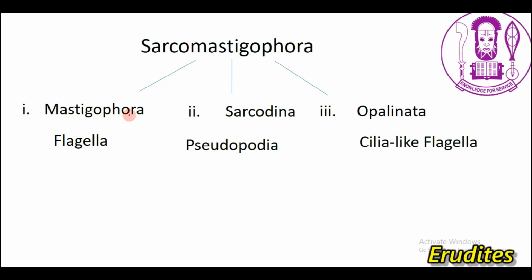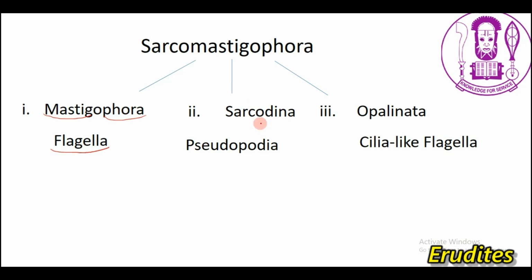We have the subphylum Mastigophora, and these protozoa move with the help of flagella. Remember the word masti means whip, means flagella, and the word phora means bearing. So these are protozoa that bear flagella.